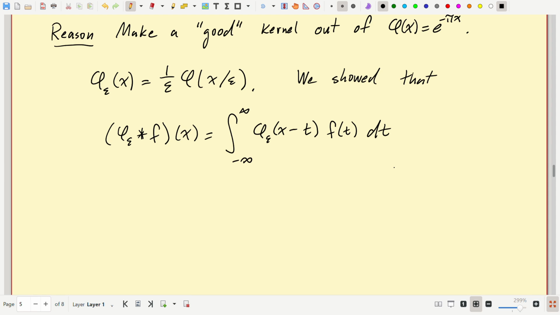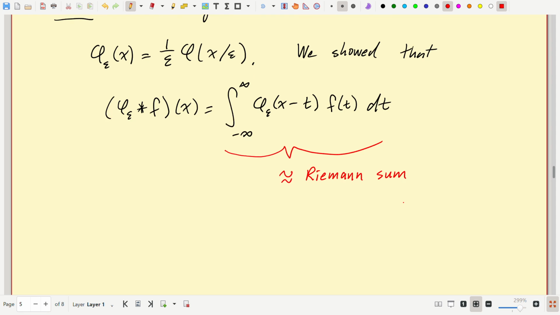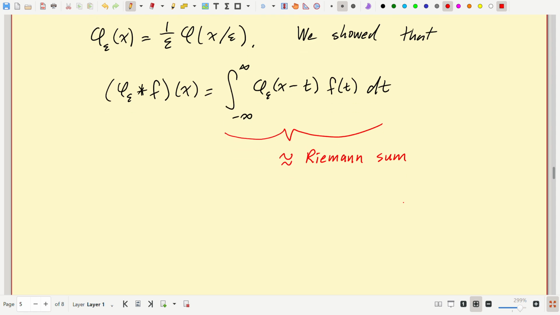And then you approximate this by a Riemann sum. Which, if the thing is a Schwartz function, the stuff far out becomes negligible, and so you can turn it into a finite sum.